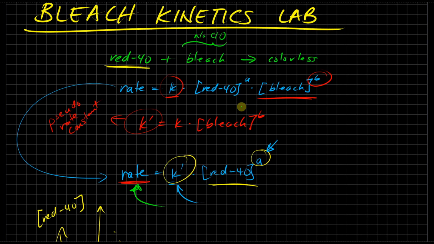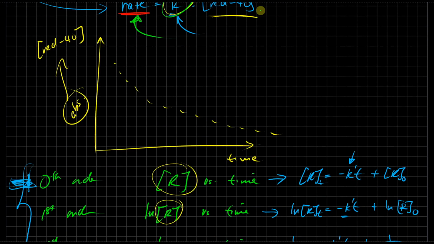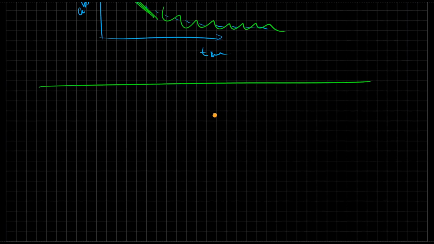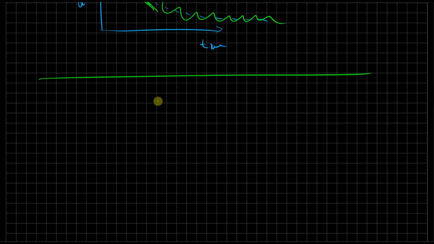So in that case, we will know the rate, we will know kappa prime, we'll know A, and we're ready to solve for K and B. So what we'll do is we'll repeat this experiment a few times. Each time, we'll change the concentration of red 40 and change the concentration of bleach, right?